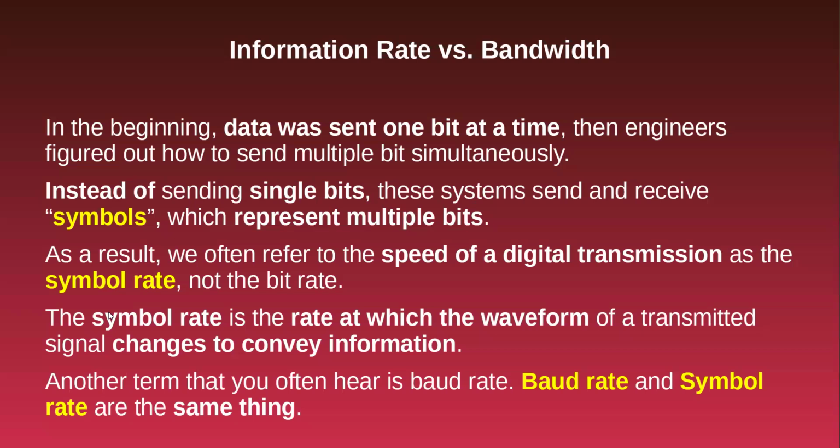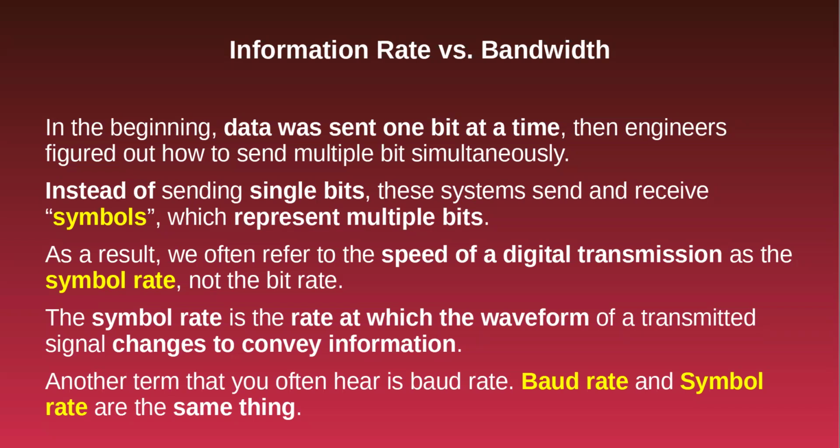Let's see. Oh, this is talking about how symbols came about, so we could represent multiple bits with a symbol. And we talked about symbol rate, which is the same thing as baud rate or baud.